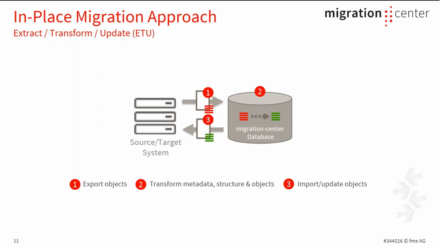And in the third step, these transformations will be applied to the objects in the source system, to the same objects that you scanned in step 1. So no content is moved, but in step 2, you have the possibility to change attributes, to change the folder structure, the permissions, and even object types.